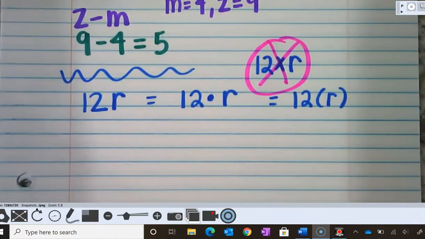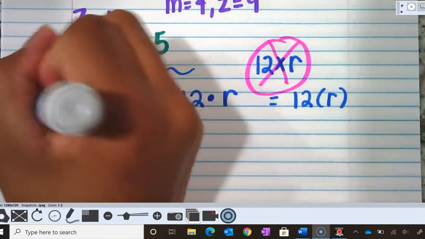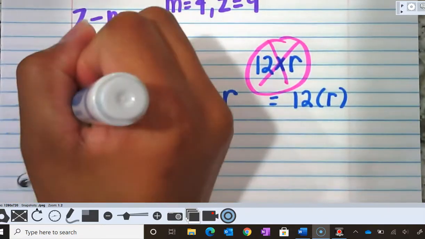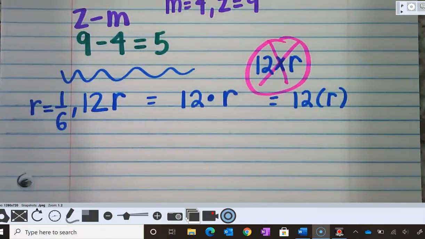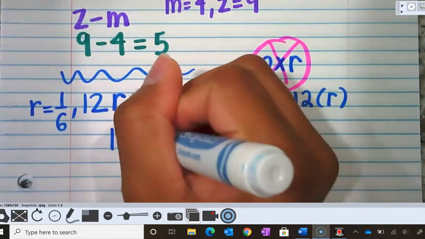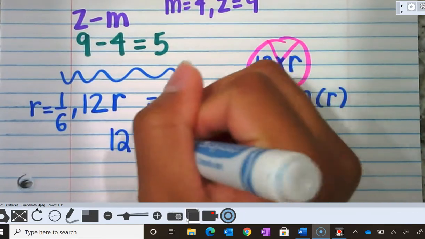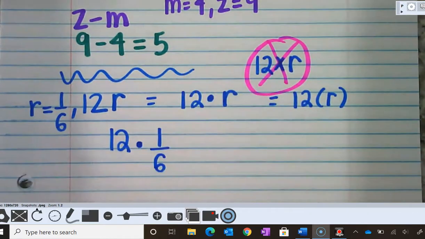So now we have 12 times R. Well, what is R? R is equal to 1/6. So let's say R is equal to 1/6. So let's plug it in. 12 times 1/6. So what can I put under the 12 to make it a fraction?